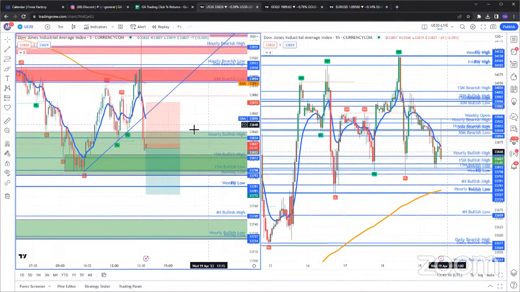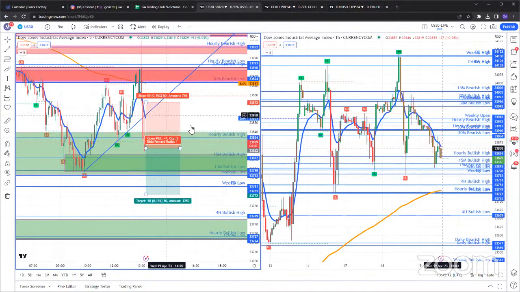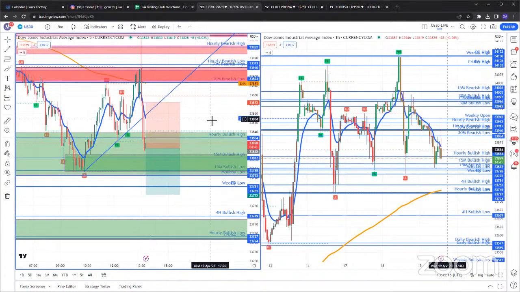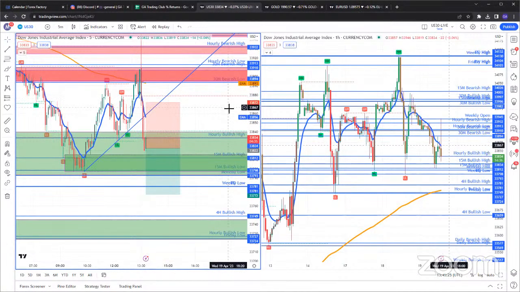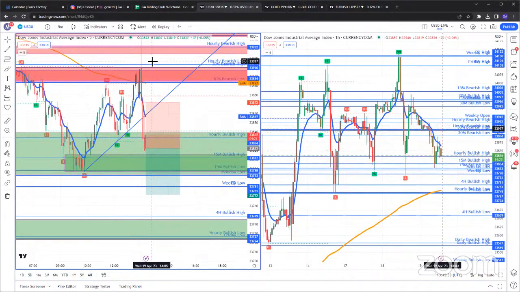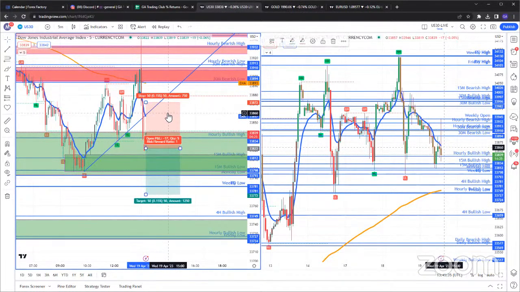If you can, the reason I want a 100 pip take profit and stop loss is because I don't like this candle. Yes, it did close as a strong bearish candle, but you can see our stop loss is literally around the trend line. So price can come up, fake us out, hit stop loss, and then drop all the way back down. But with a 100 pip stop loss, the stop loss would be over this supply zone up here.